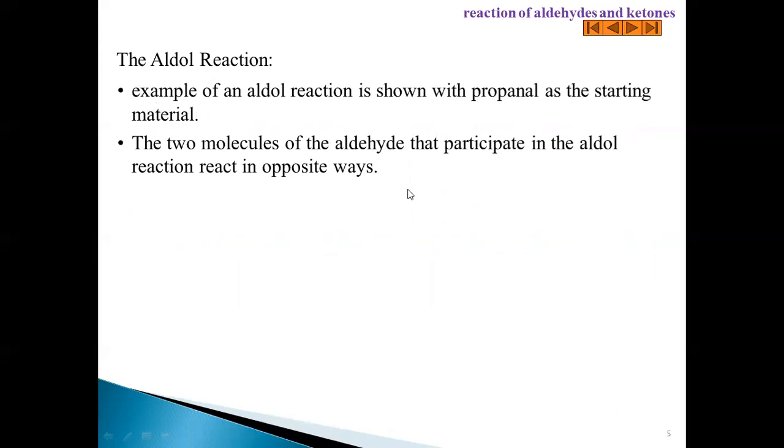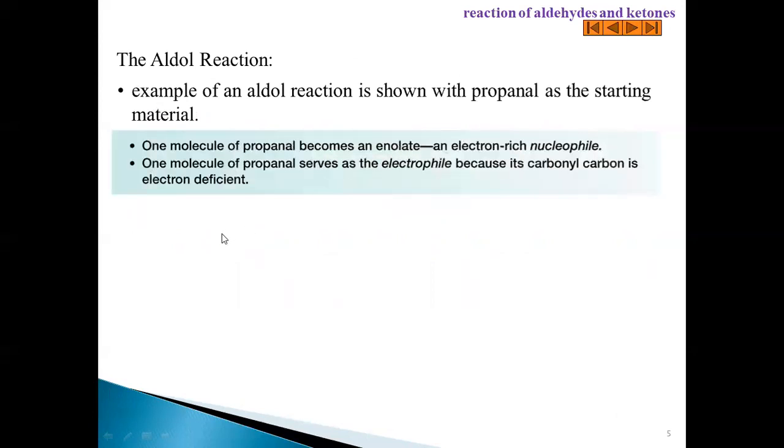An example of aldol reaction is shown with propanal as the starting material. Two molecules of aldehyde that participate in aldol reaction react in opposite ways. One molecule of propanal becomes an enolate, an electron-rich nucleophile, and another molecule of propanal serves as electrophile because its carbonyl carbon is electron deficient.